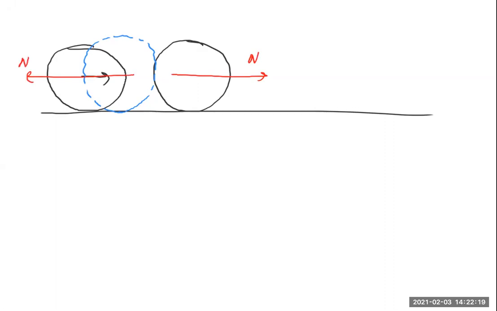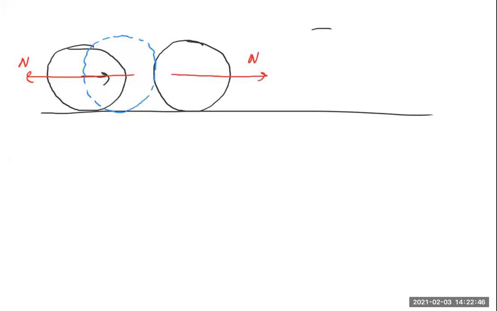And because of the normal reaction on the blue ball, its velocity will decrease, and because of the normal reaction on the black ball on the right, its velocity will increase. Therefore, after the collision, we will find that the incoming ball has less velocity and the outgoing ball has greater velocity, right? And this is what really happens during a game of snooker, billiards.